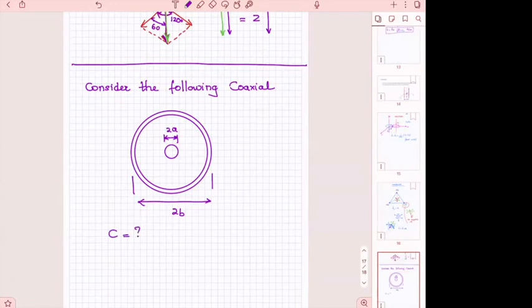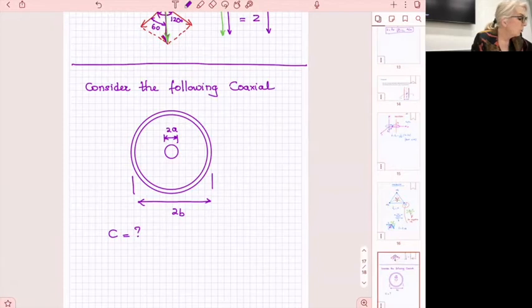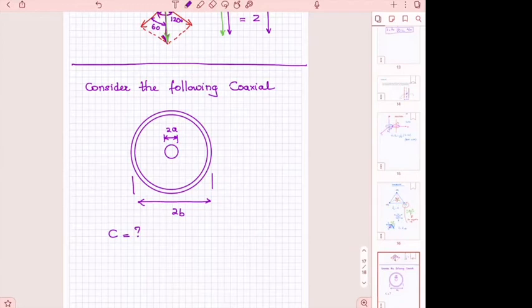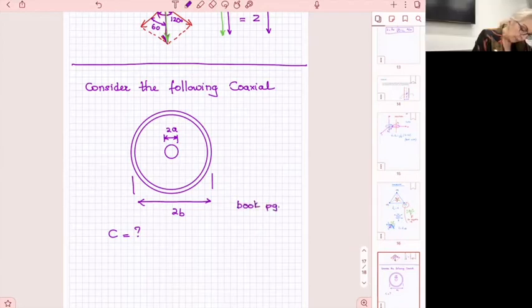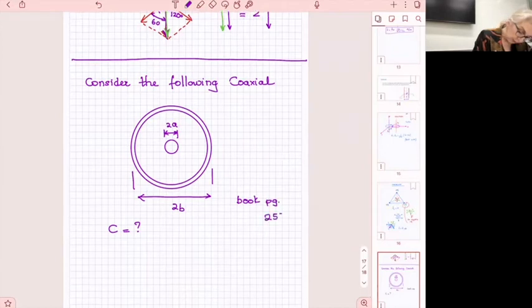I think you used the equation on page 253, right? Yes. So you go to the book, Electrostatics, chapter 6, coaxial capacitor. Book, page 253, you're correct.